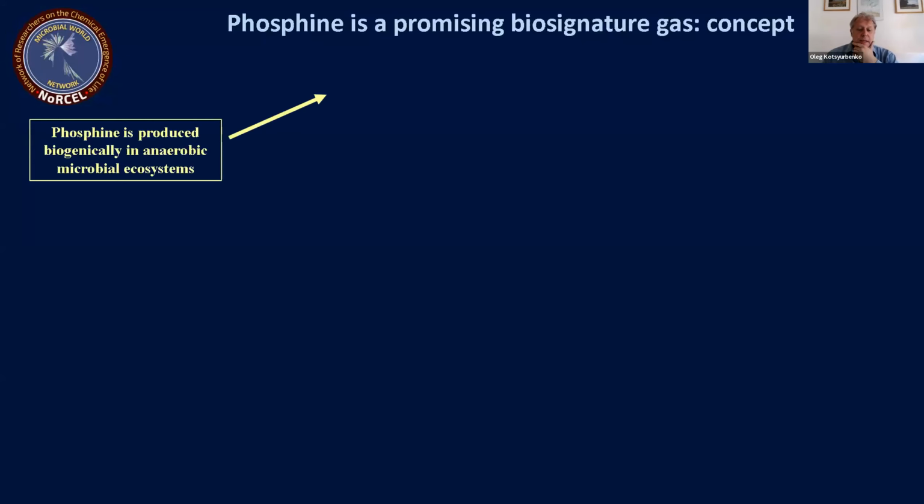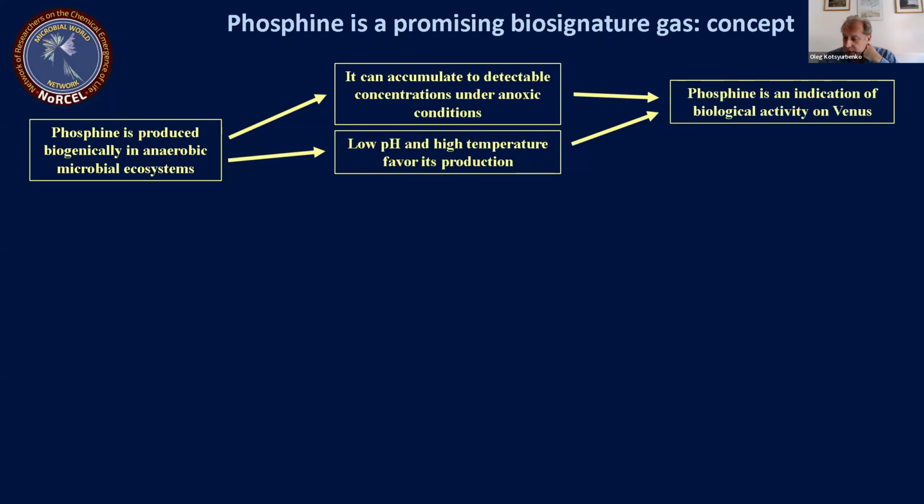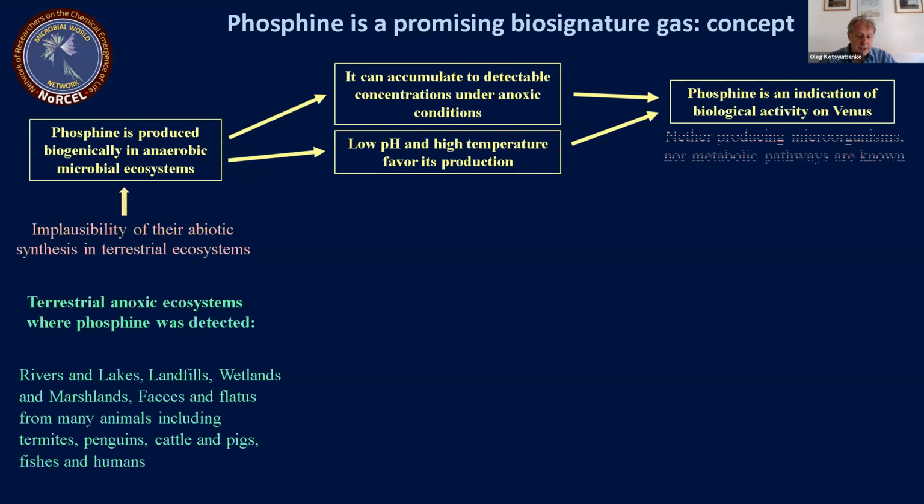But actually, the logic behind the concept that phosphine can be an important biomarker is that phosphine is produced biogenically in terrestrial anaerobic ecosystems. It accumulates in the absence of oxygen, and its production becomes more beneficial at low pH, and therefore it can be considered a biomarker.